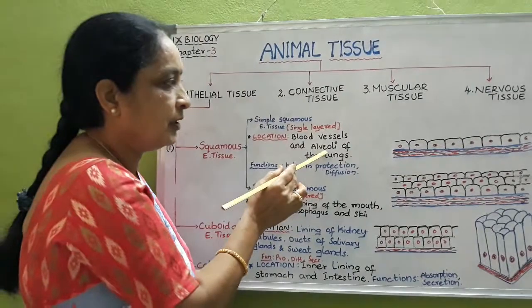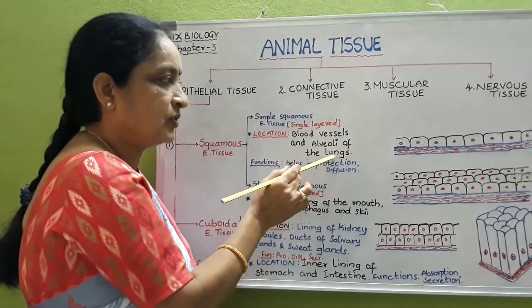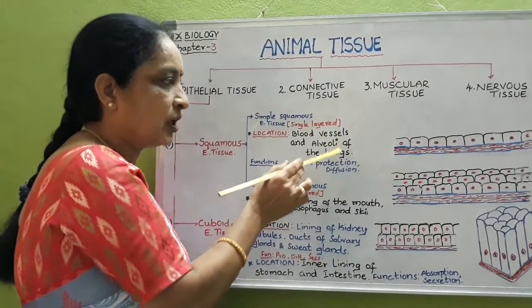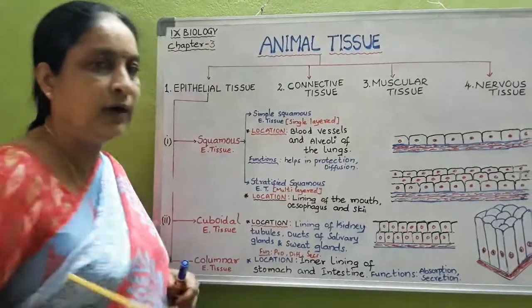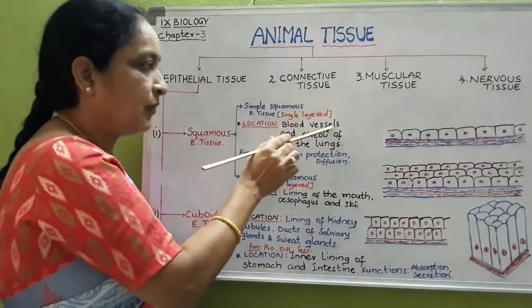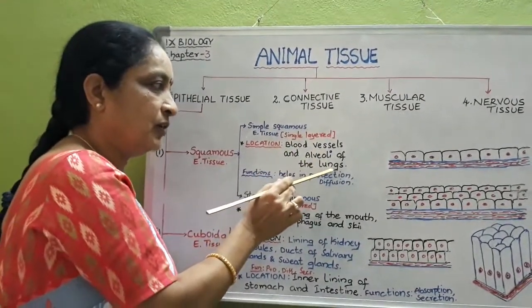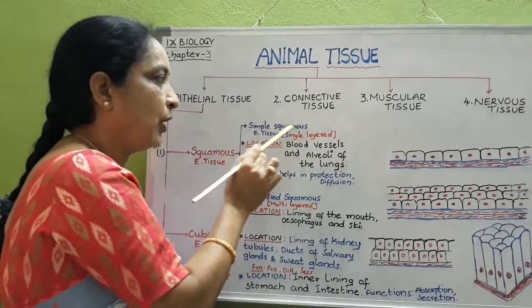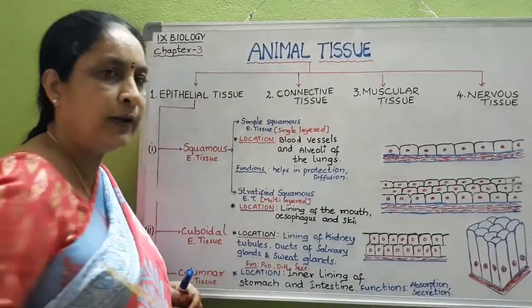In the alveoli of the lungs, gaseous exchange occurs by the process called diffusion. So in the blood vessels and alveoli of the lungs, simple squamous epithelial tissue is located.